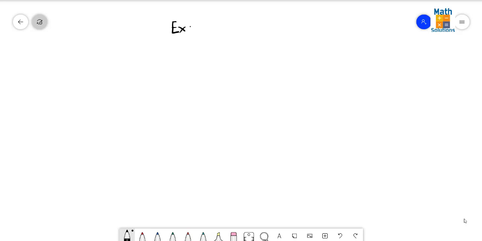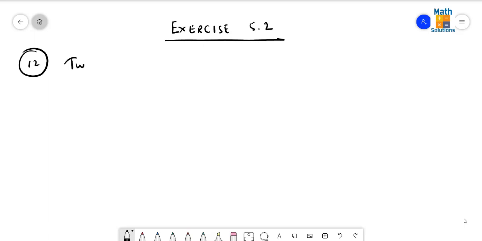So here this is exercise 5.2, question number 12. The question is: two APs have the same common difference.